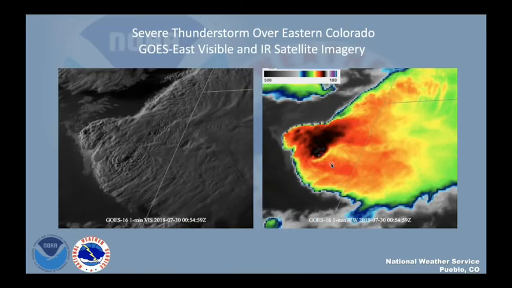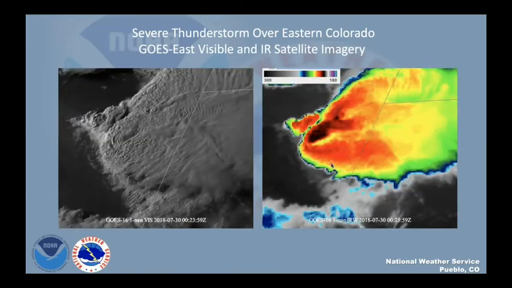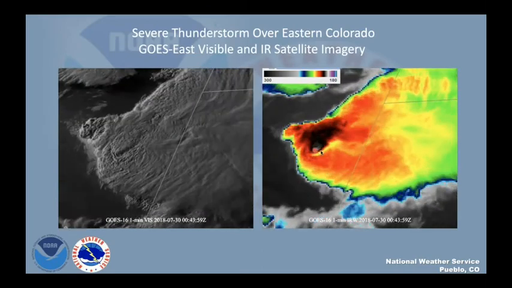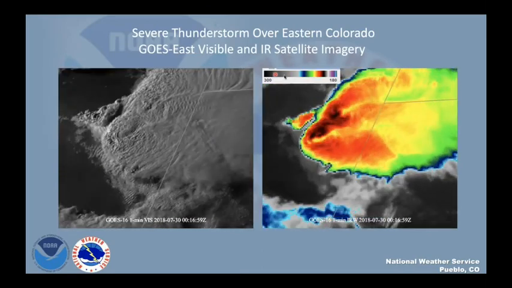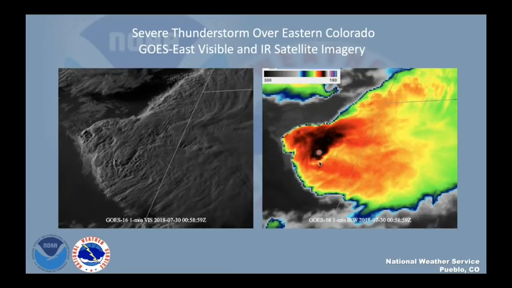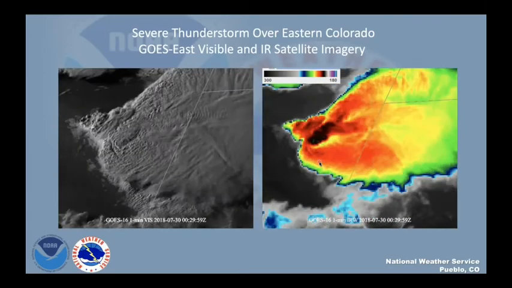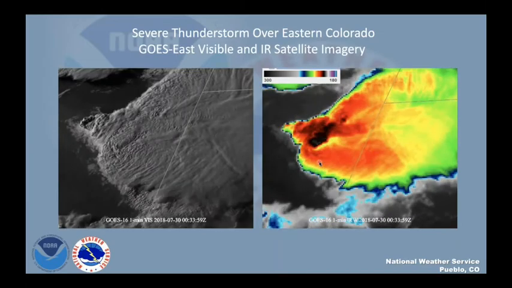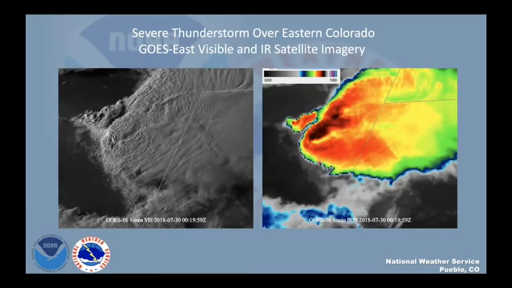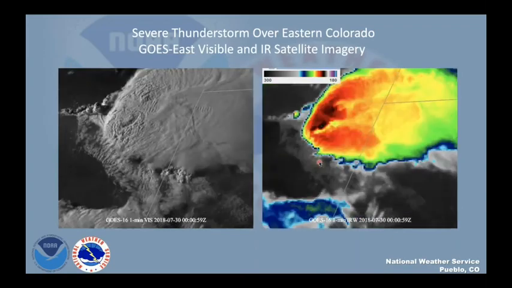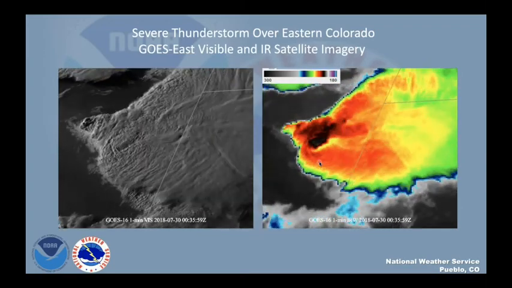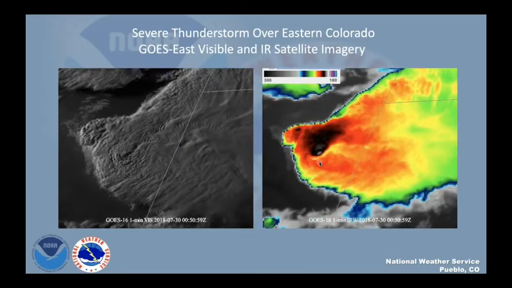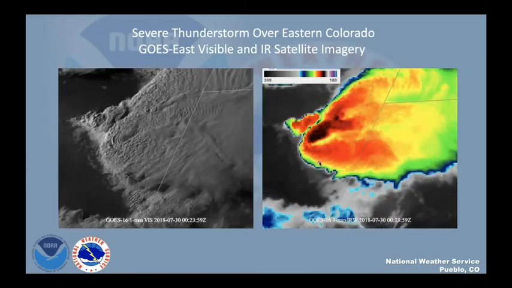We use infrared a lot to diagnose how strong the storm is, because the darker the colors in the center right here, see values go down, that means the colder the cloud top is, because infrared deals with heat. It takes a measurement of how cold or how warm the cloud top is. So the colder the cloud top, generally speaking, the higher the cloud is. The higher the cloud is, the more intense the storm is.